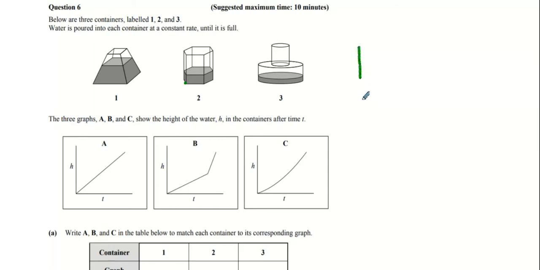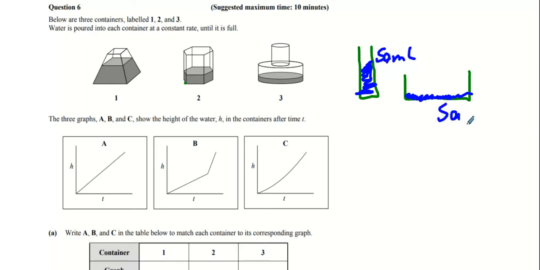If I put the same amount of water into a thin glass and a really wide glass, in the thin glass the height rises really fast, but in the wide glass the height doesn't rise fast at all, because the water is spread amongst a wide area. Say they're both 50 milliliters of water, but one has a considerably higher level of water than the other. It depends on the size of the section.